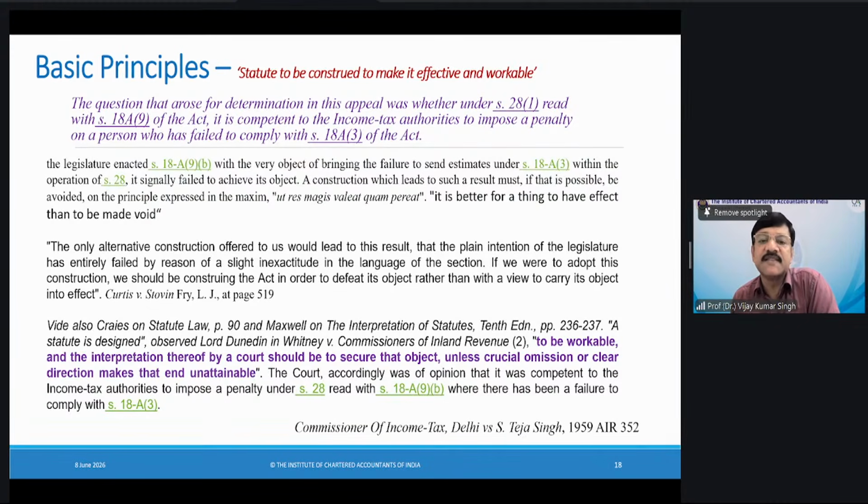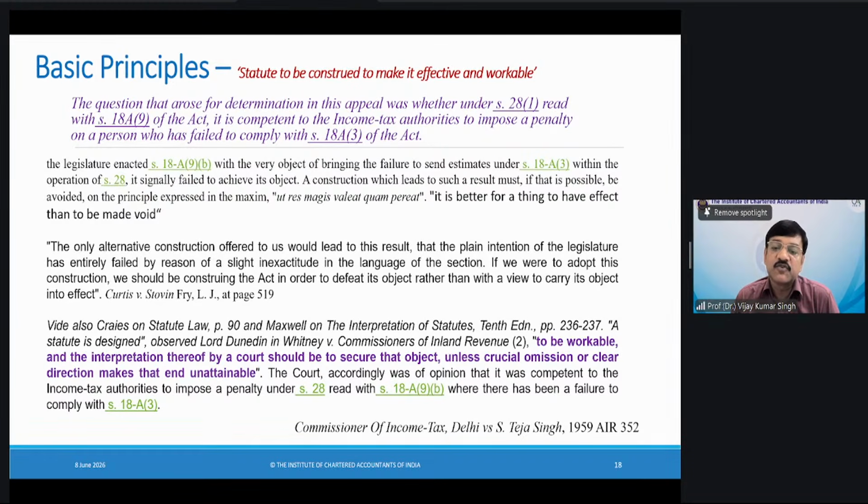There was a legislation which brought section 18A, and the object of bringing this was that the SSEs were failing to submit the estimates under section 18A, and here the court looked at the maxim ut res magis valeat quam pereat, and they said the construction which leads to such result must, if that is possible, be avoided on the principle of the express maxim, that it is better for a thing to have effect than to be made void. We understood, right?